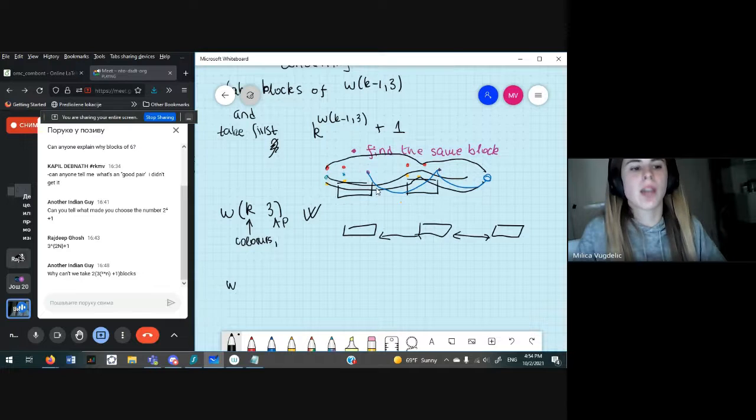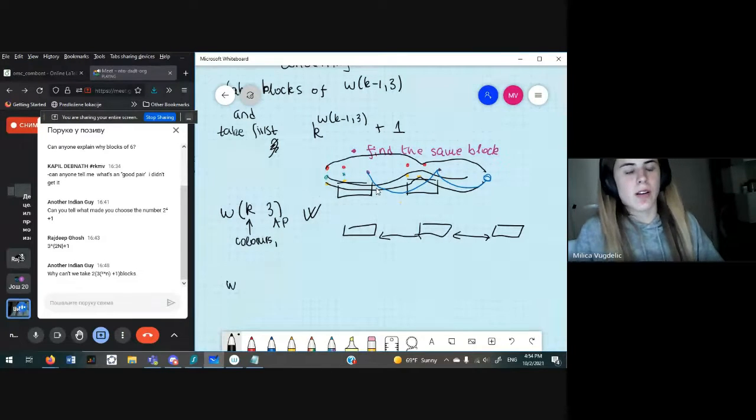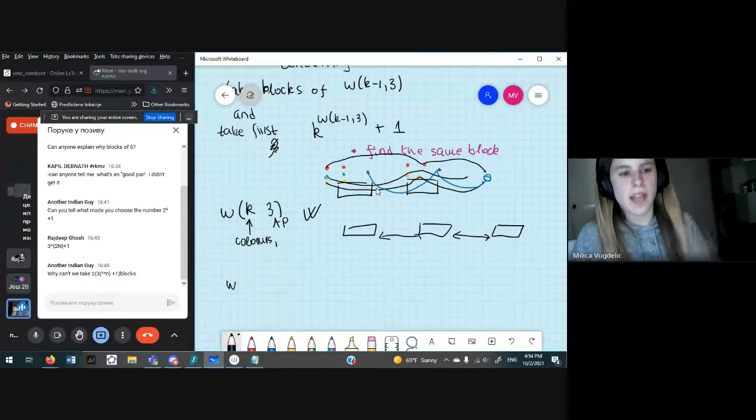We would say, okay, assign every block its color, and then apply the theorem with more colors, but not as long arithmetic progressions. So we would get this situation.